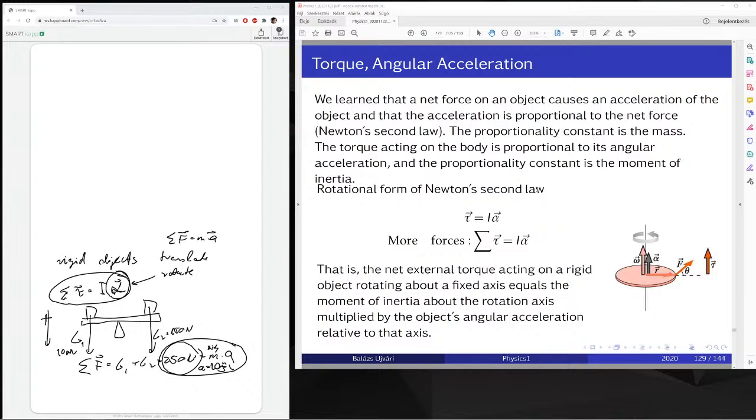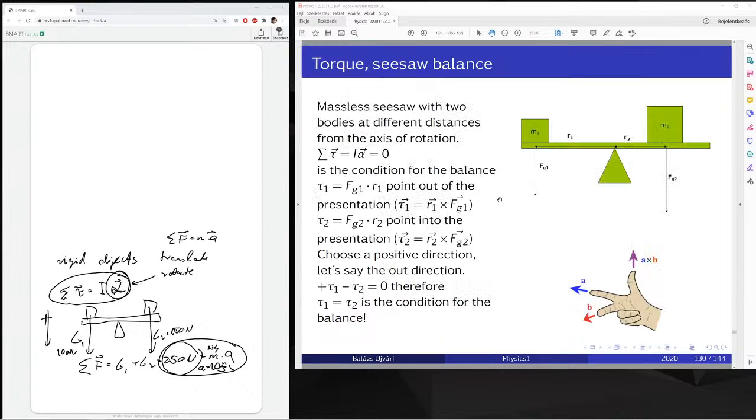Where is the missing force? We need some other forces because it's nonsense. This seesaw won't have any angular acceleration, but in this case it should fall down.